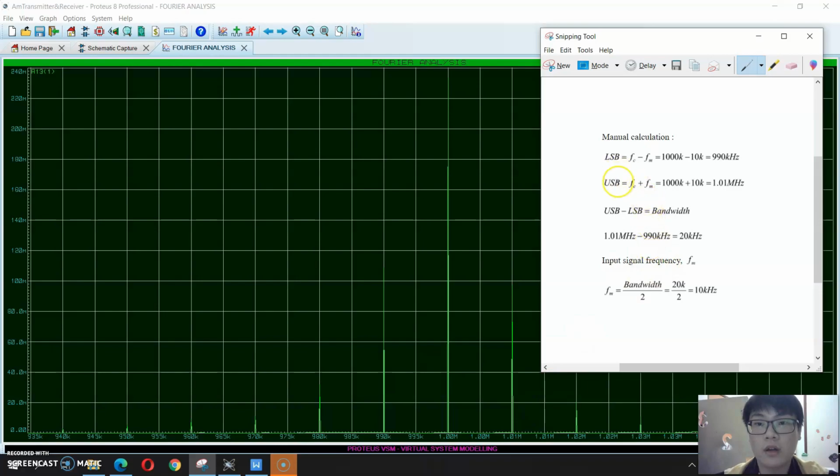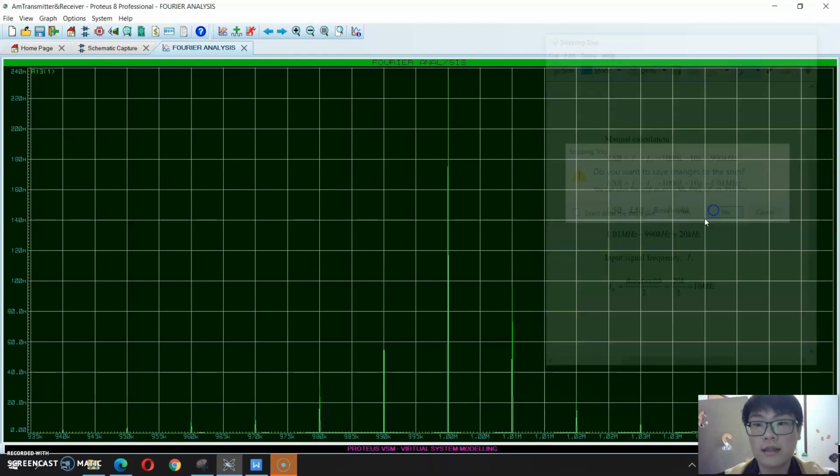After we have the lower sideband and upper sideband, we can calculate the bandwidth. The USB minus the LSB equals the bandwidth, and we get 20 kHz. If we divide the bandwidth by 2, we get the input signal frequency, which is the same as the input signal for the transistor. So that's all for me. Thank you.